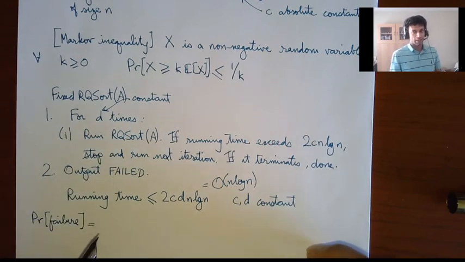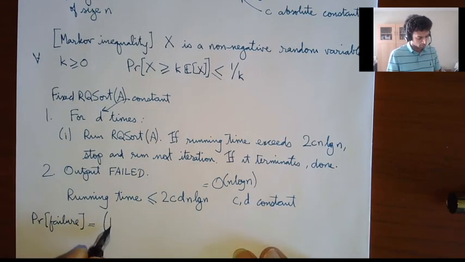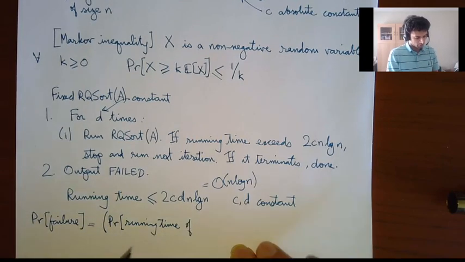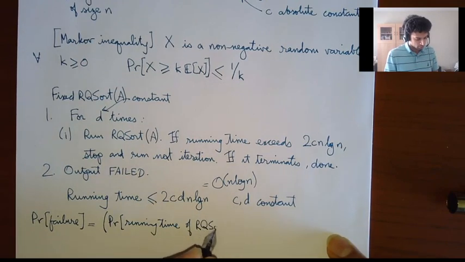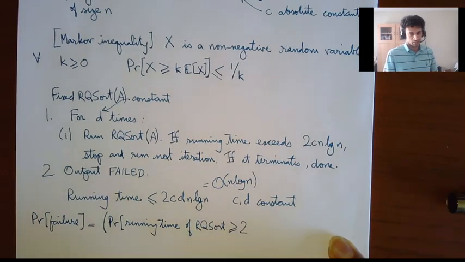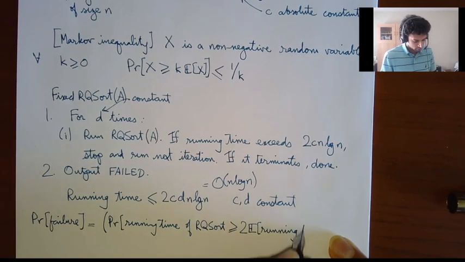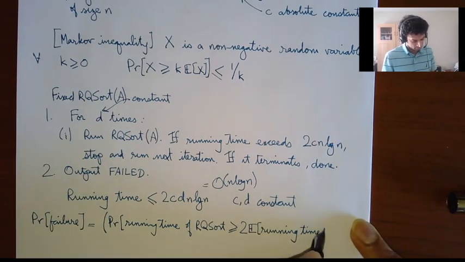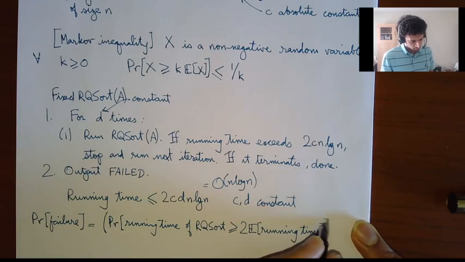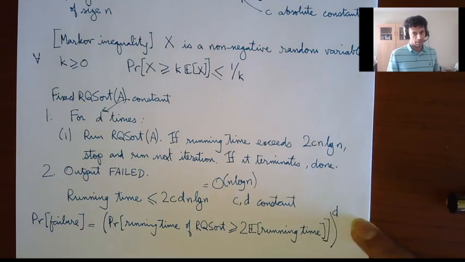So this is essentially the probability that the running time of randomized quicksort exceeded twice the expected running time, to the power d.